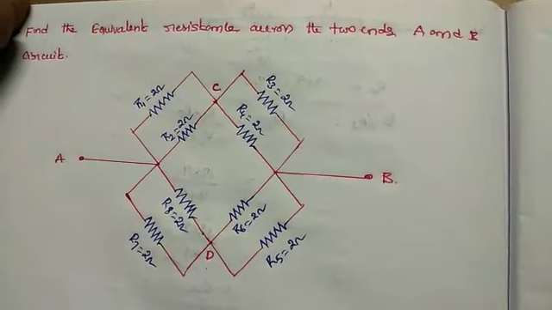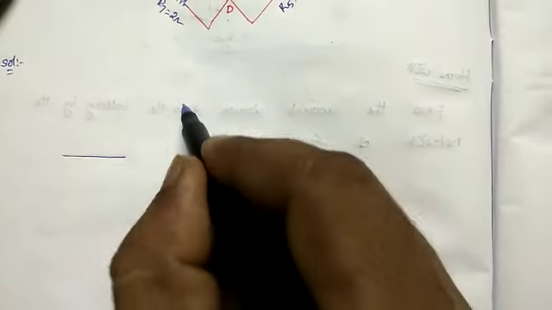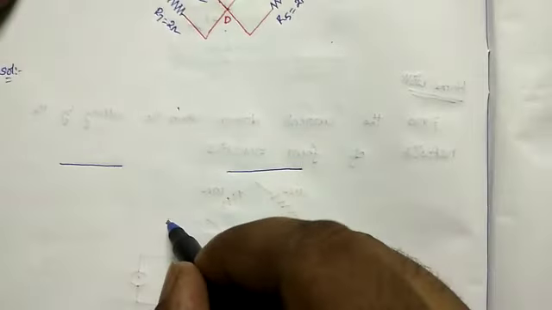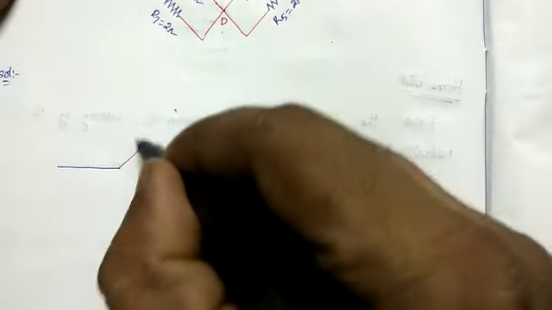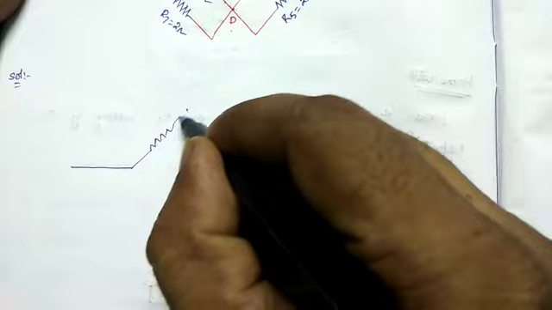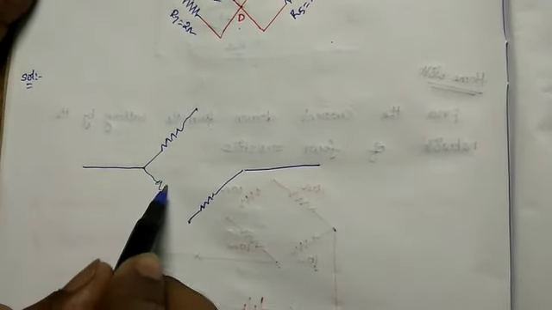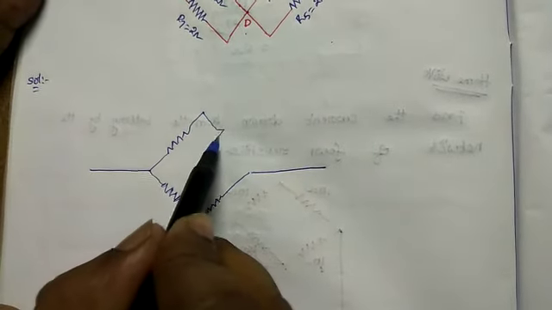Let's see how we draw this circuit diagram. Once I draw it, you have to keep points like these. This is a resistance, there's one more resistance, and this is a resistance, and this is a resistance.